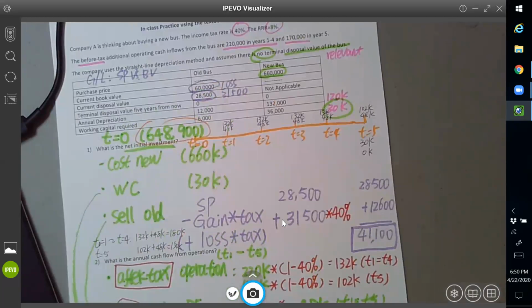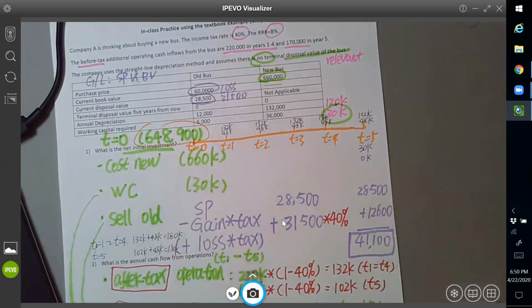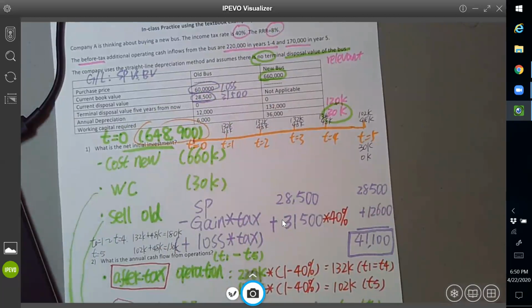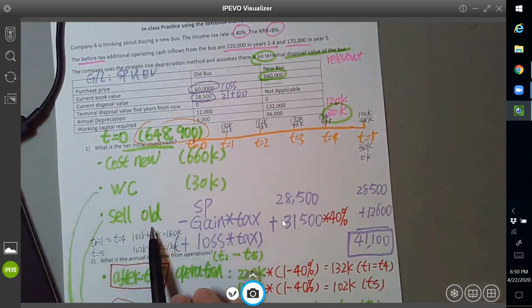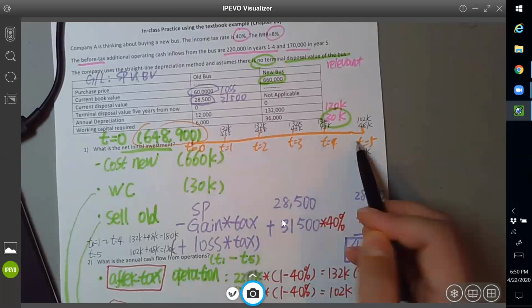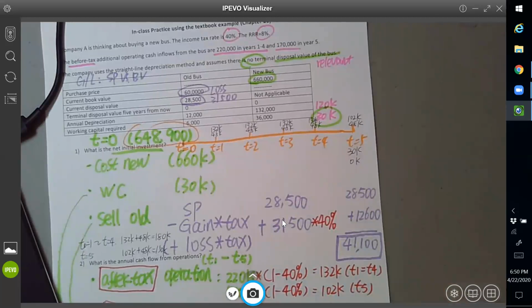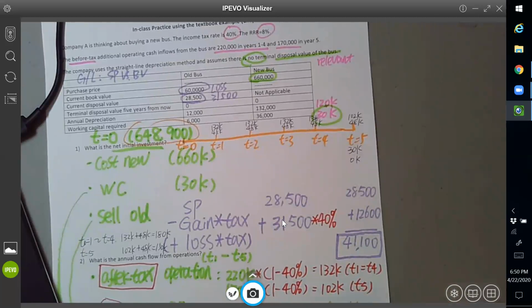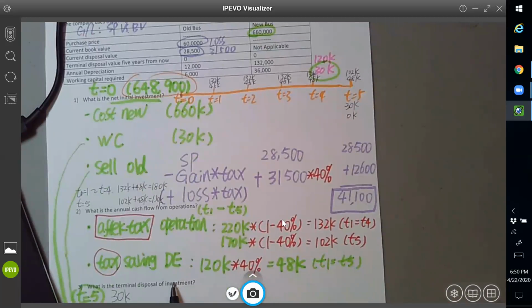So I'll summarize it one more time. At the beginning of the project, it's called net initial investment. You have 3 parts: cost of the new bus, additional working capital, and selling your old bus as cash inflow, with an adjustment for tax effect. Then from the 1st year to the 5th year, every year you have 2 sets of cash inflow: after-tax cash flow from operation, and tax saving from depreciation expense.